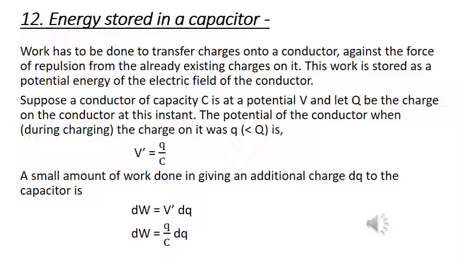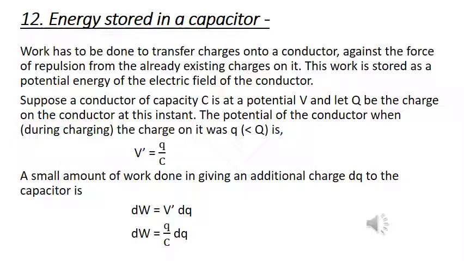As we know, work has to be done to transfer charges onto a conductor against the force of repulsion from the already existing charges on it. This work is stored as a potential energy of the electric field of the conductor. All these things we have studied in the topic potential at the starting of this chapter.